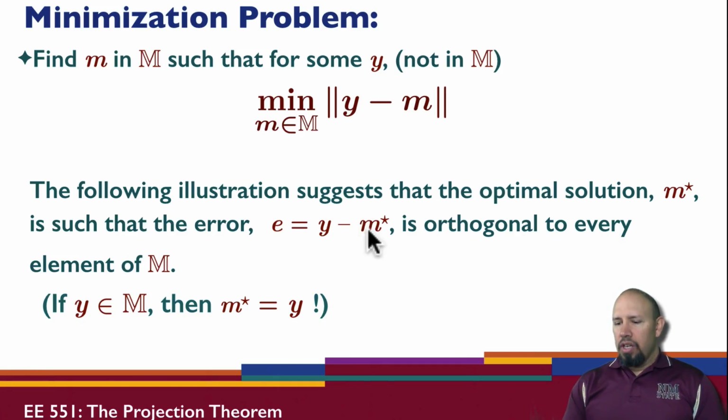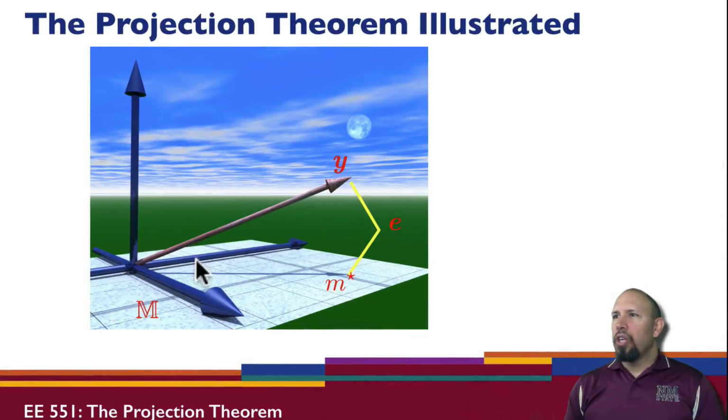And so in this illustration that I'm showing you, let M be this plane down here. So this is like the xy plane, and this vector y is out of the plane. It's actually a three-dimensional vector instead of a two-dimensional vector.